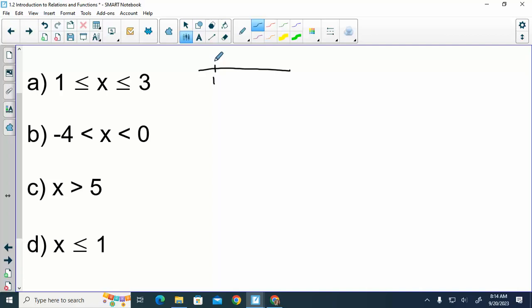So that means you're starting at 1 and you're ending at 3. So interval notation, if we start at 1, what do I do, a parenthesis or a bracket at my 1? Bracket because of the equal to. Comma, then we put our ending point. Where does it end?